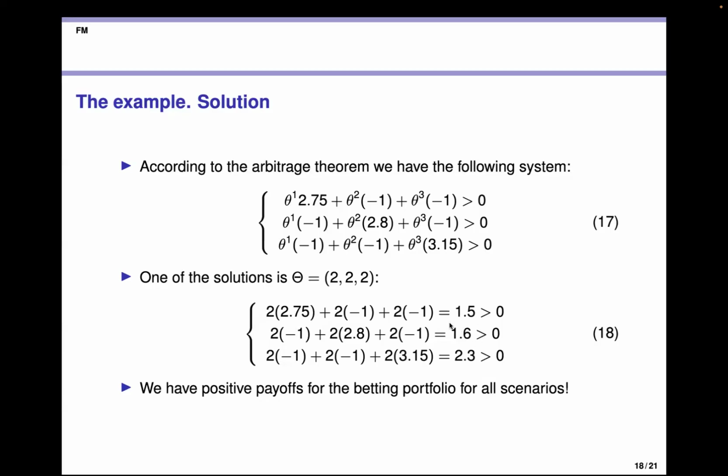For all scenarios we don't lose, but our win is less than how much we put. So it is the arbitrage theorem. For a mathematician maybe it is good, but for sport gambling maybe this theorem isn't good. Yes, maybe for managers of sport betting.